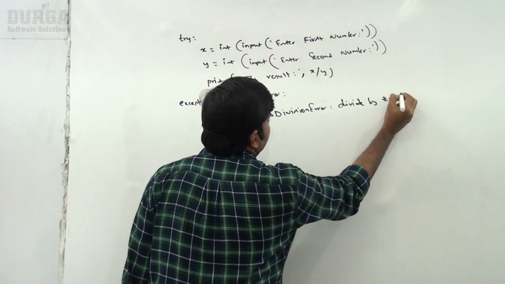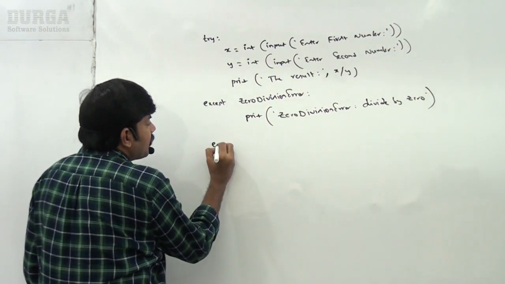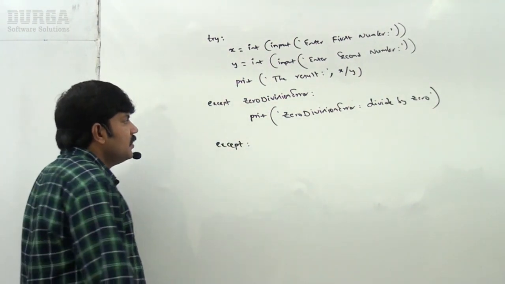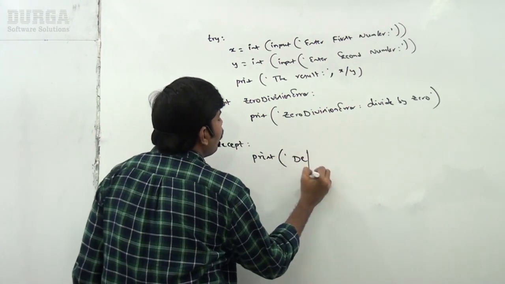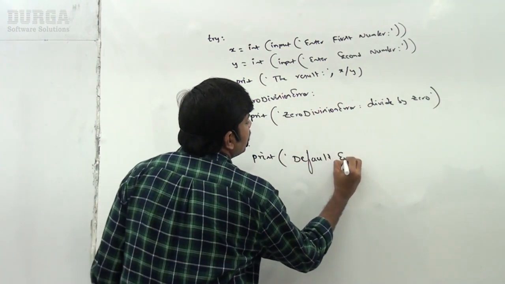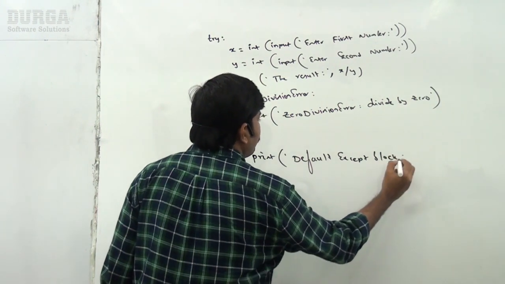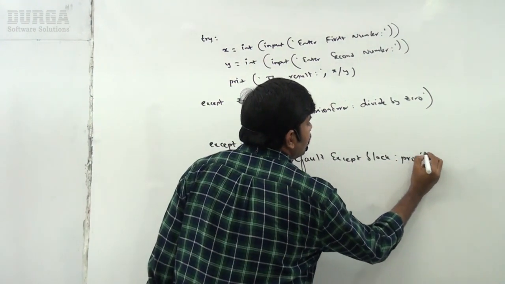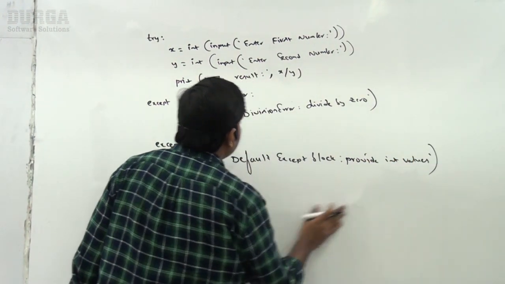That's all. Now I'm taking except, then print default except block. Print of default except block, and then, provide int values only.